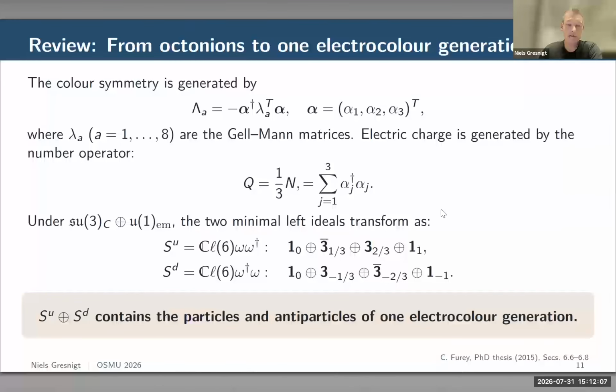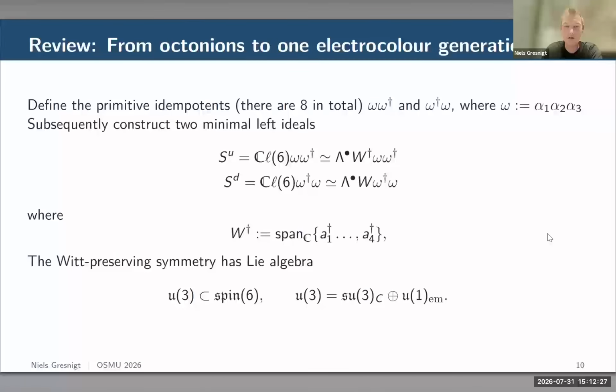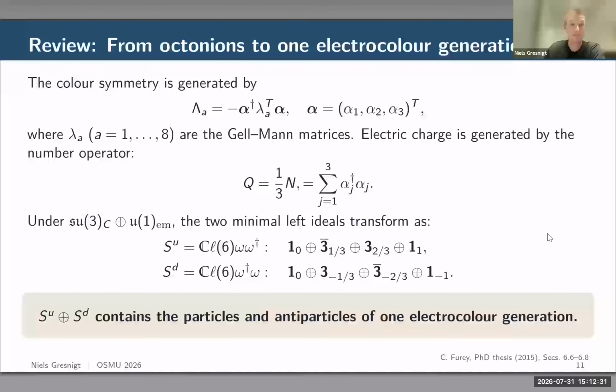And then you can find that under that symmetry, those 2 minimal ideals transform as one generation of particles and antiparticles. And there's a really nice presentation of this in great detail that can be found in Nicole Furey's PhD thesis.